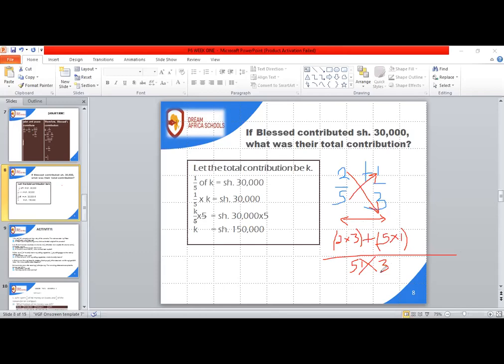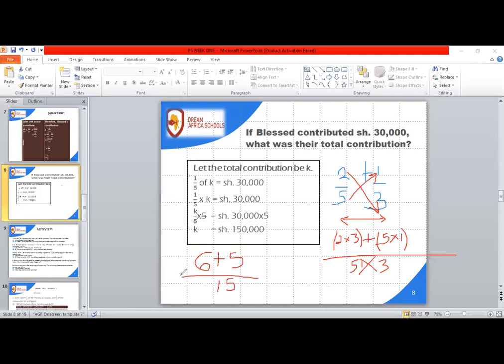Moving forward, when we simplify this, we shall have 2 times 3, we get 6, plus the other side, we have 5 times 1, where we get 5. Divide this by the product of the denominators, that will be 5 times 3, we get 15. You get it?